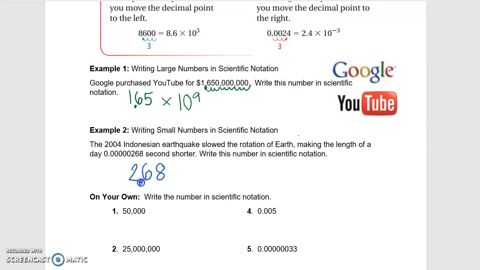So that's 2.68 times 10 to a number. And again, I'm going to use the number given to me in the problem and count how far it moves to go from where it belongs, behind the 2. So that's 1, 2, 3, 4, 5, 6 spaces. So my exponent is negative 6.